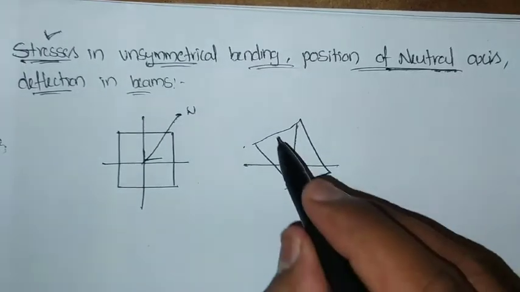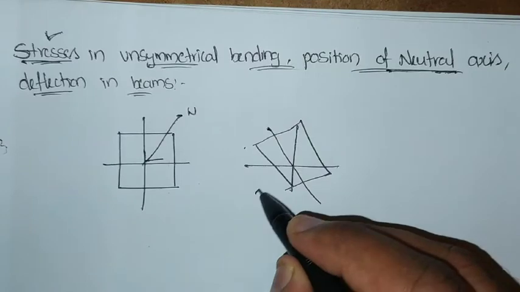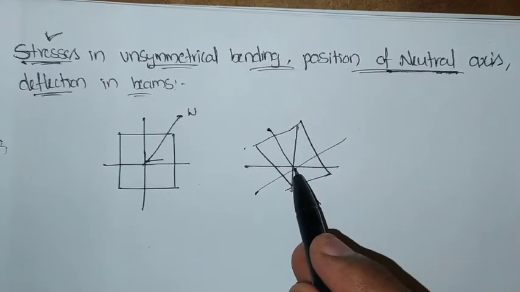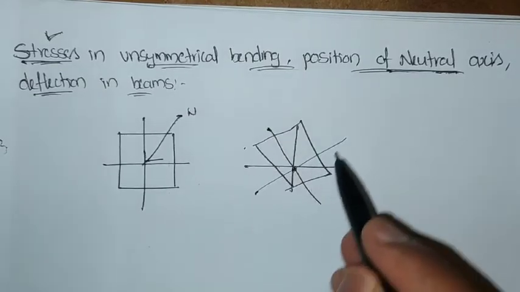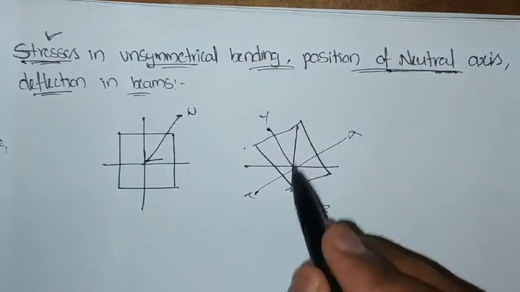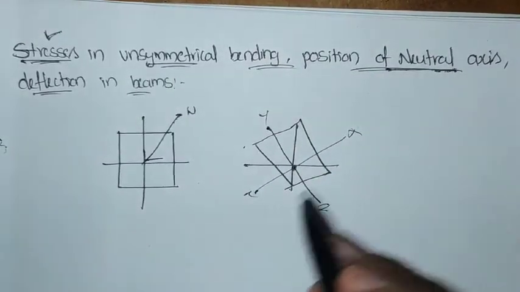So when it has tilted, its axis is going to change, and with respect to this new xy axis we have to find the position of the neutral axis.